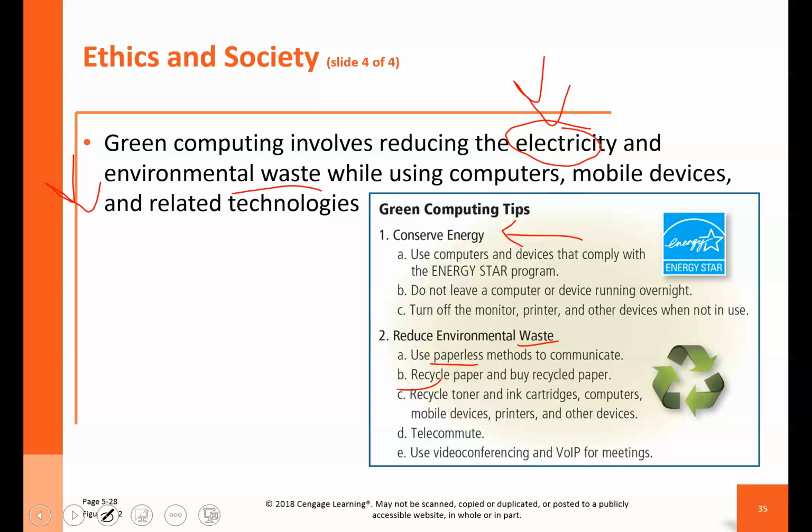And even when you need to communicate, rather than using unnecessary paper, we communicate with others using WhatsApp or Telegram, or we try to save people's resources by having more video conferencing rather than requiring people to meet in a particular place, which would be resource intensive and not very environmentally friendly. Right. So those are all the ideas that we can see in the code of conduct for IT.